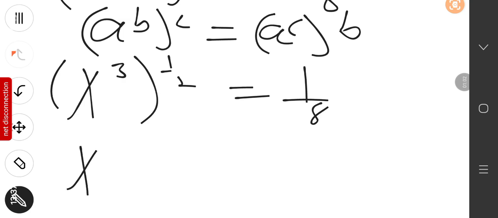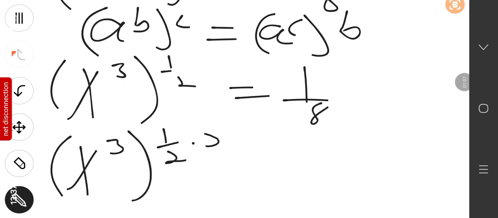Therefore, we are going to multiply the exponent half by 2. That is the exponent on top of the x cube, on top of all the term at the left part. Sorry, we are not squaring it, we are multiplying the exponent by 2.